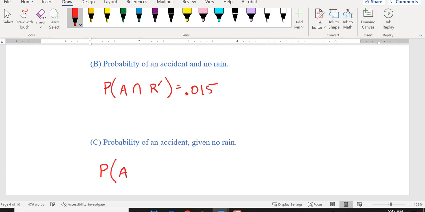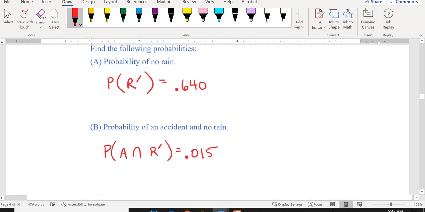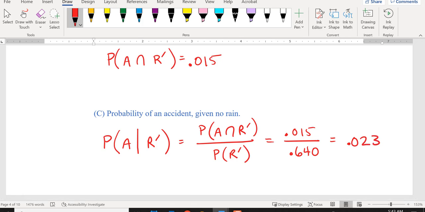Probability of an accident given no rain is the probability of accident and no rain over probability of no rain. We found that to be 0.015, and the probability of no rain was 0.640. So that answer is 0.023.